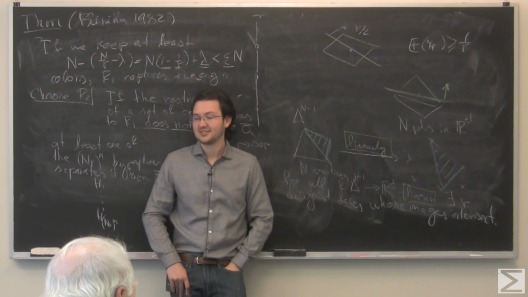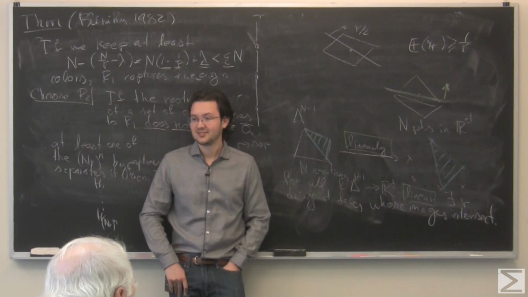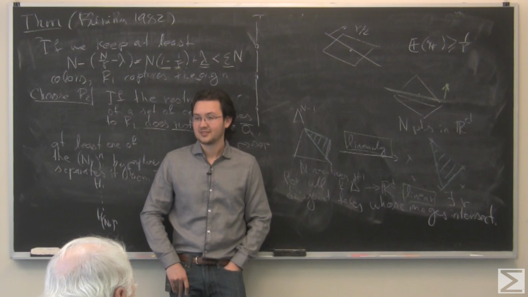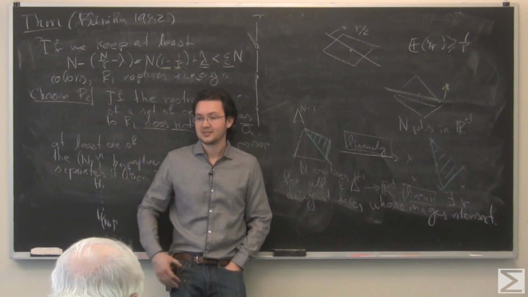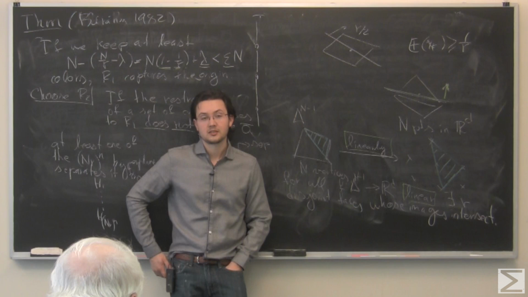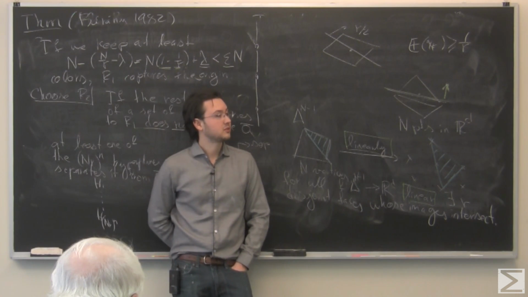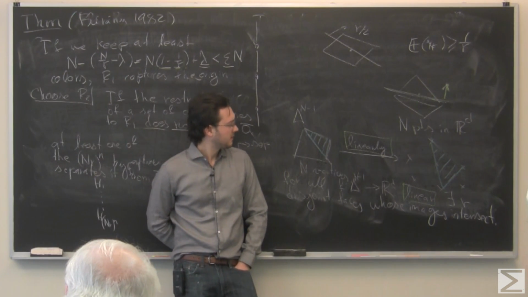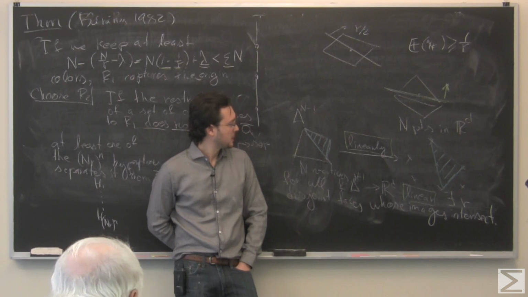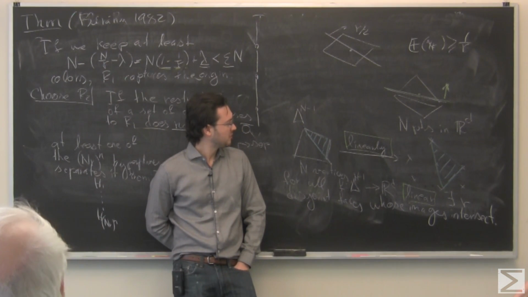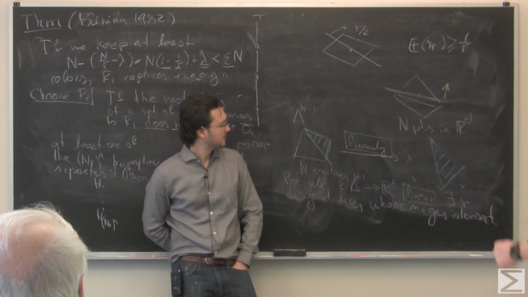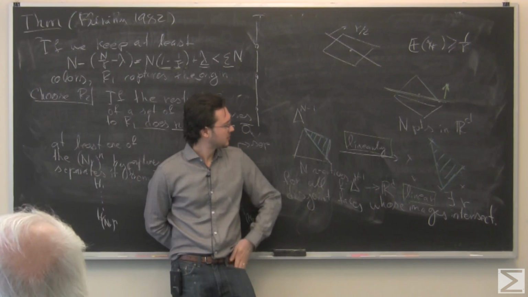Yes. So can you ask any of these questions and answer any of these questions for configurations of points in other manifolds than Euclidean space? In other manifolds, off the top of my head, I don't think so.